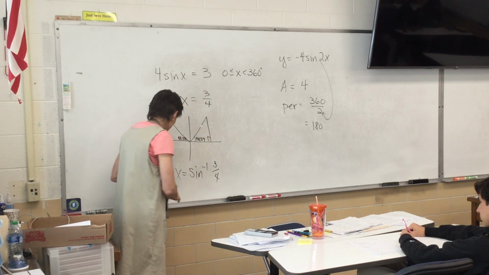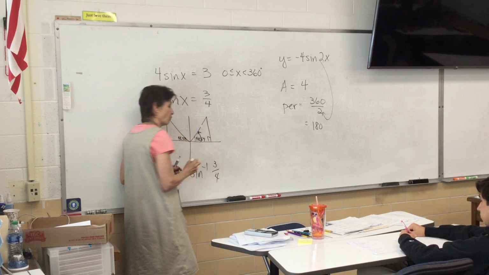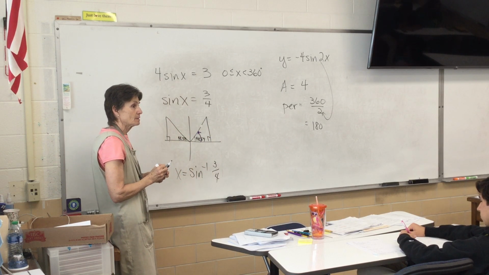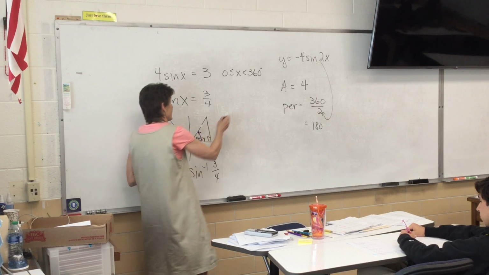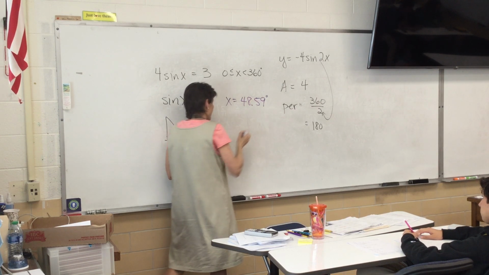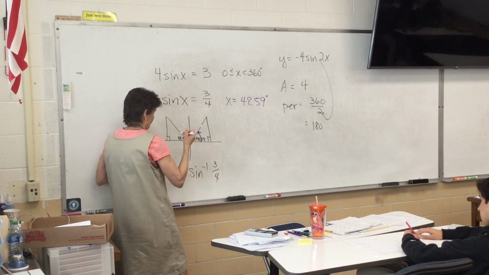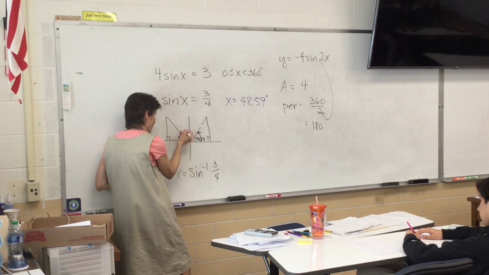So one of the answers is 48.59, quadrant 1. X is 48.59. But the other answer is this one.